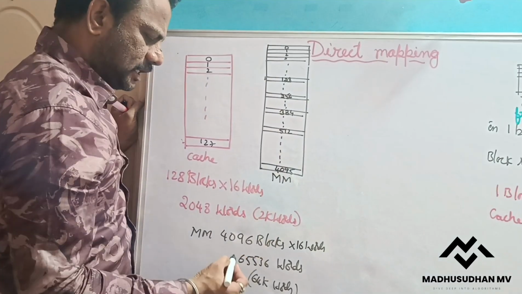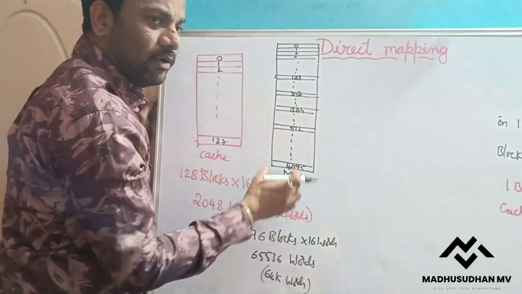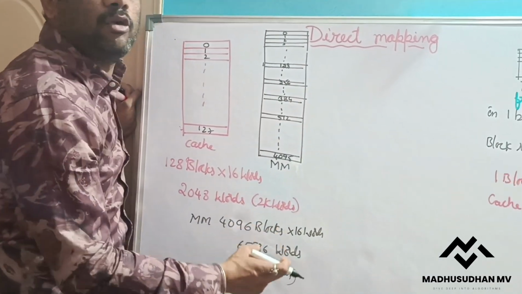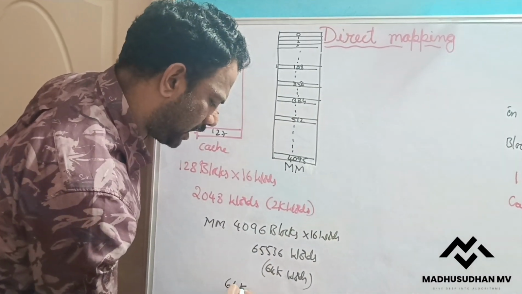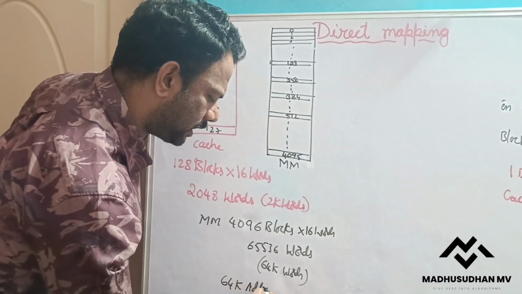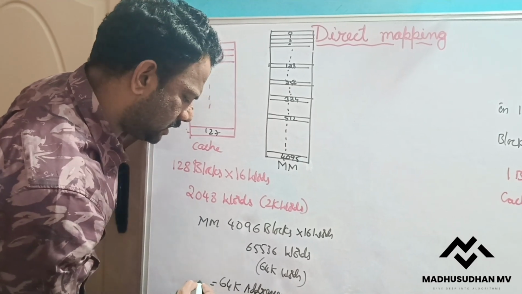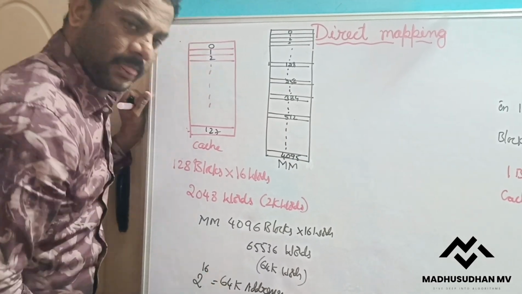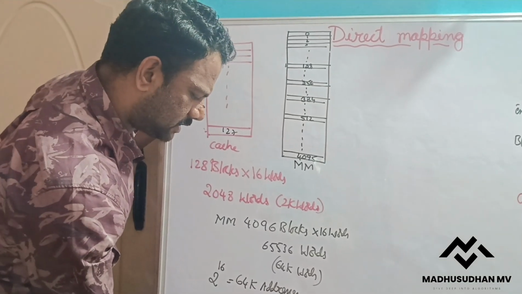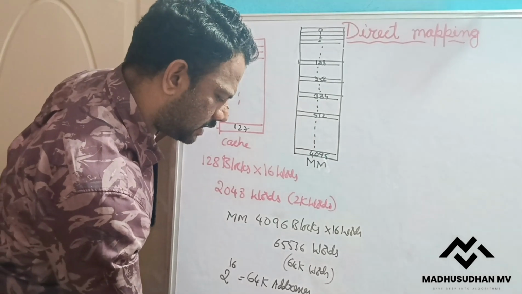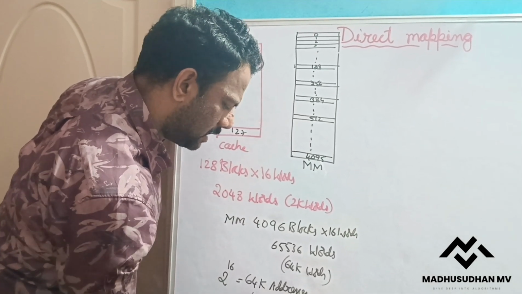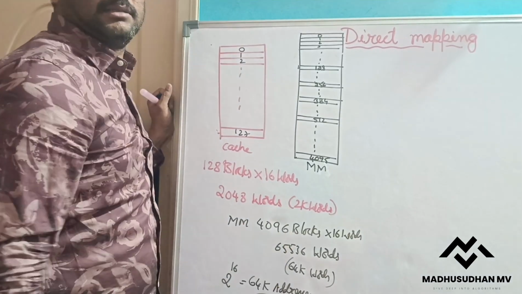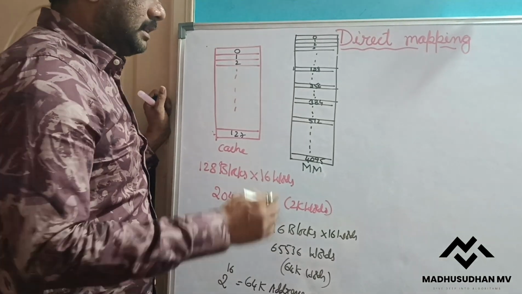Since 64k words are there, we have 64k different addresses. 64k addresses means 2 to the power of 16. That means we need 16 address lines. The address bus is 16 lines, a 16-bit address.